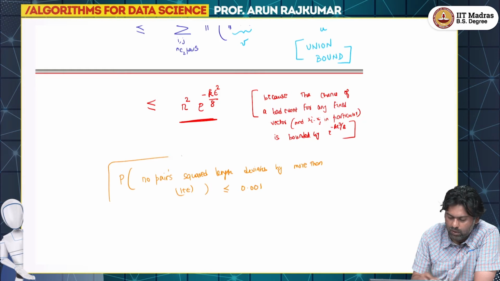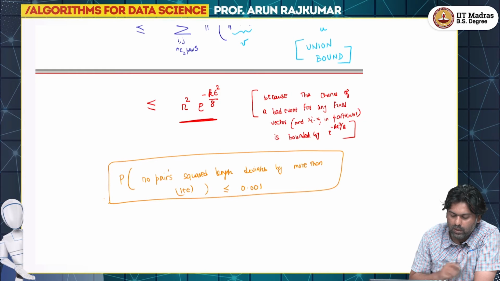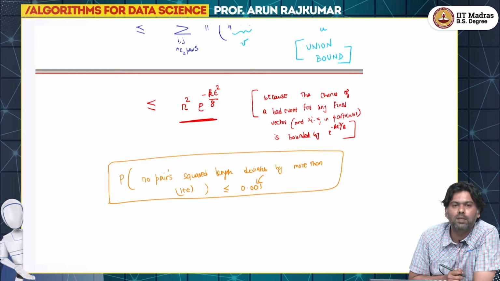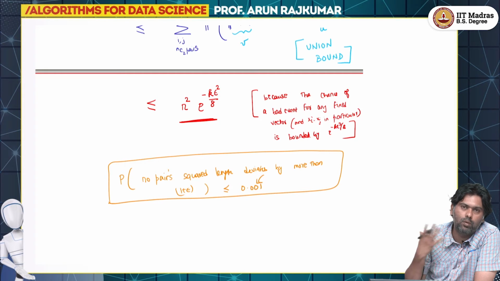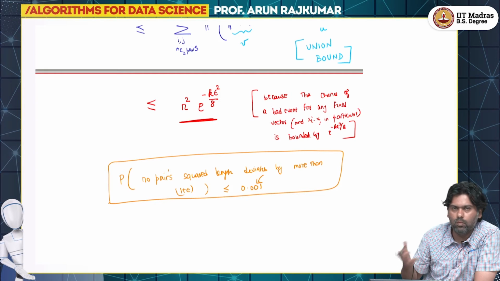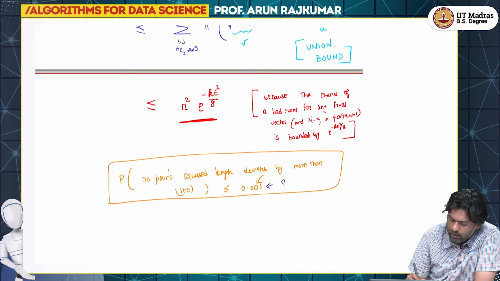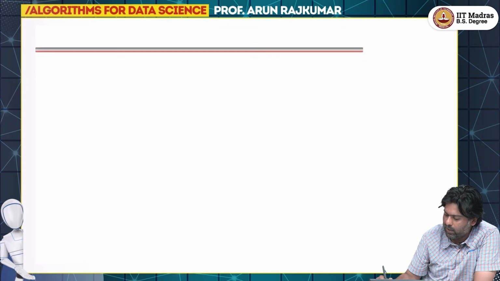I want to make a statement like this, right. So, I want to plug in some value 0.001, and then I want to be this confident about my low dimensional embedding. So, I will take this value as some delta, it can be 0.001, in general let us say it is delta, and then I want to make such a statement.